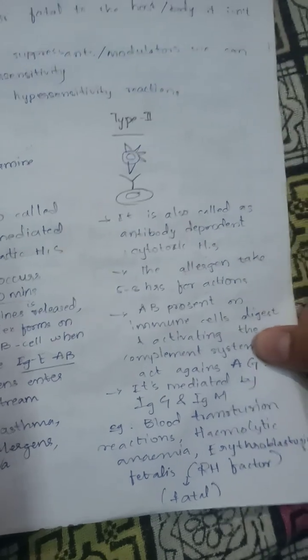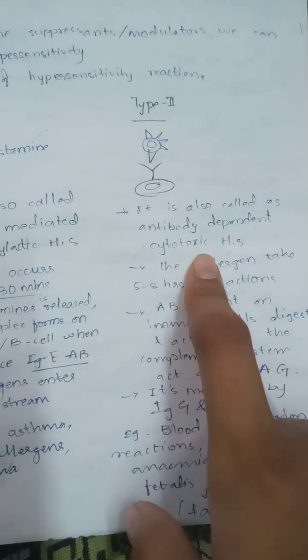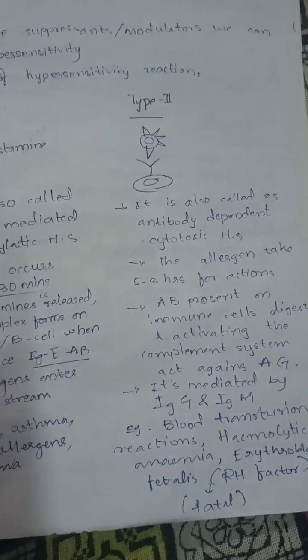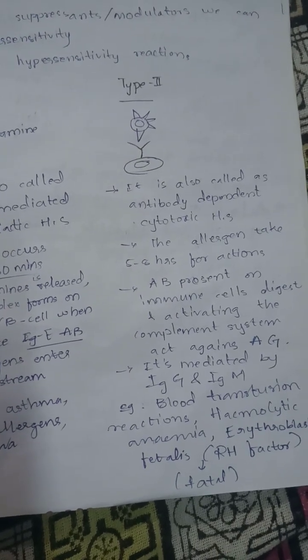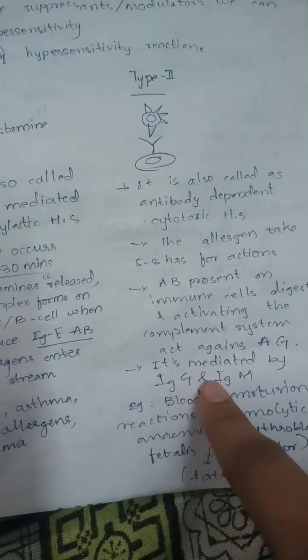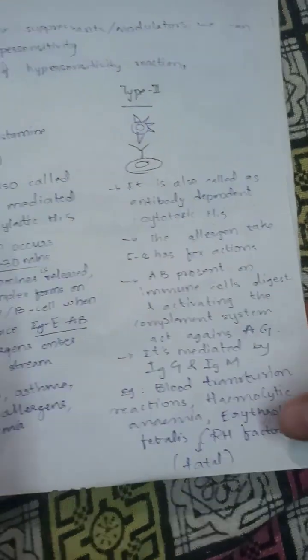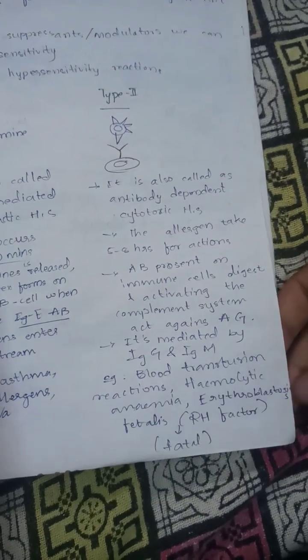Another name for type 2 is antibody dependent cytotoxic hypersensitivity, and it is mediated by IgG and IgM antibodies. The examples are blood transfusion, hemolytic anemia and erythroblastosis fetalis.